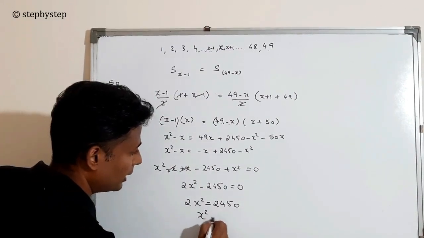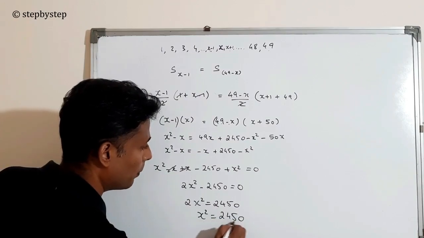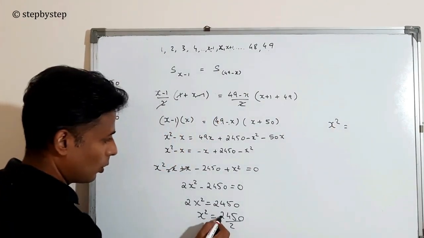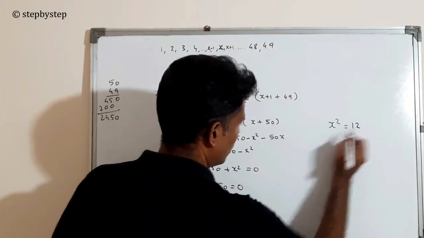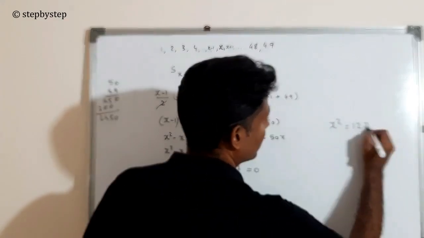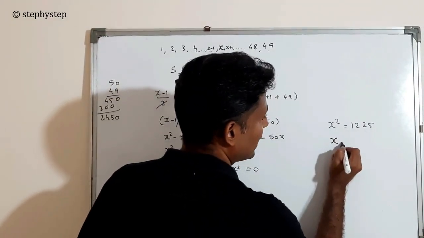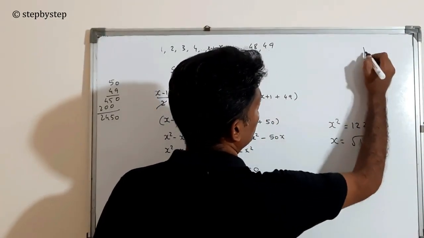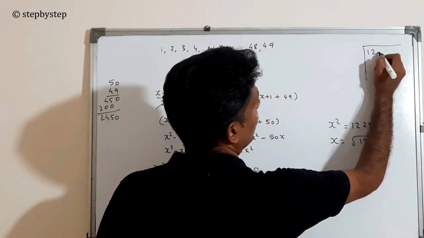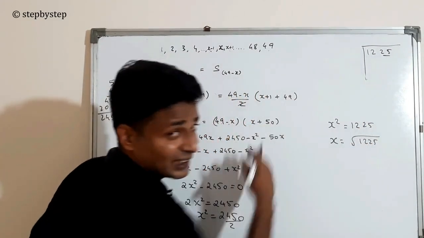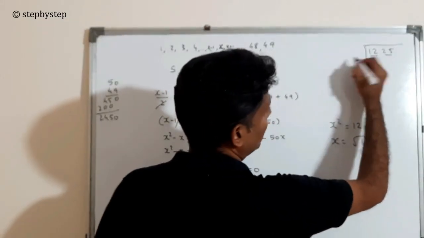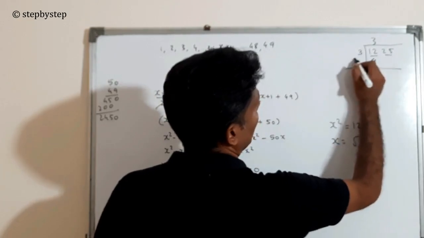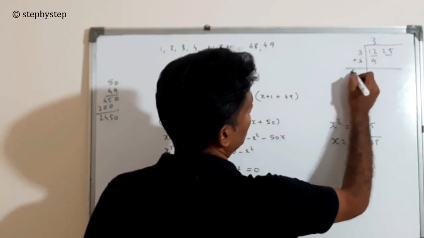So x square equal to 2450 by 2. So I get x square equal to 1225, which means x equal to root of 1225. So I'll use the division method. 1225, from the right-hand side I select the value of 2 digits. So 3 3s are 9. I'll add plus 3 here, so it becomes 6.